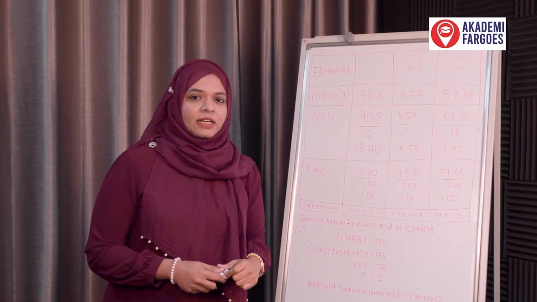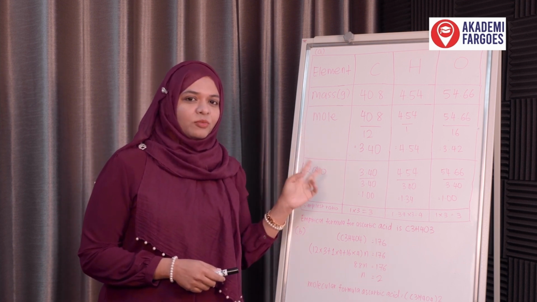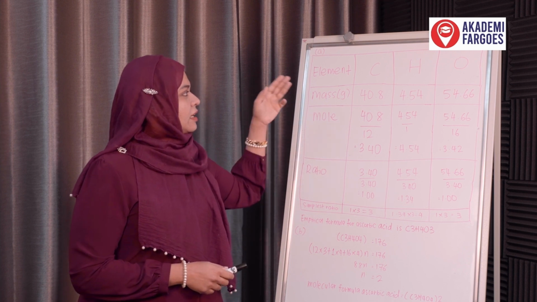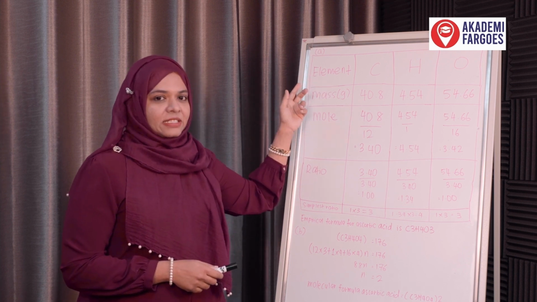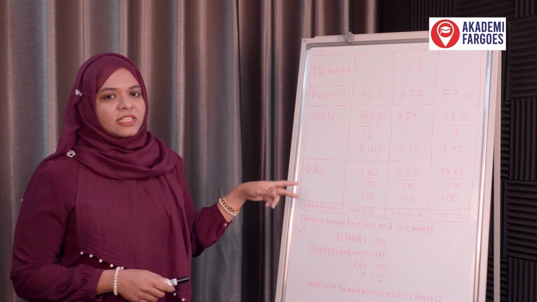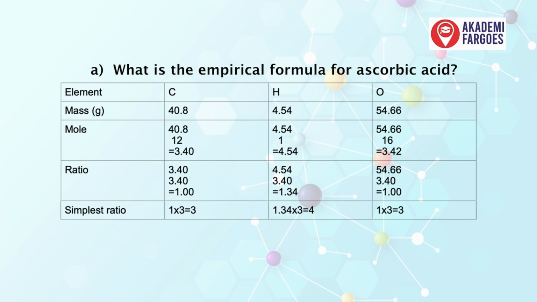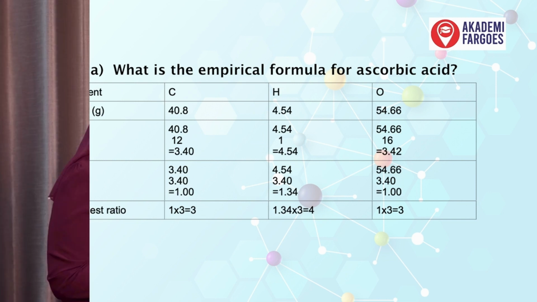Okay, student, this is how we going to calculate the empirical formula for the ascorbic acid. You have to draw this box because this is the requirement for the SPM exam, which is you have to split by element, mass in gram, mole, ratio and simplest ratio.